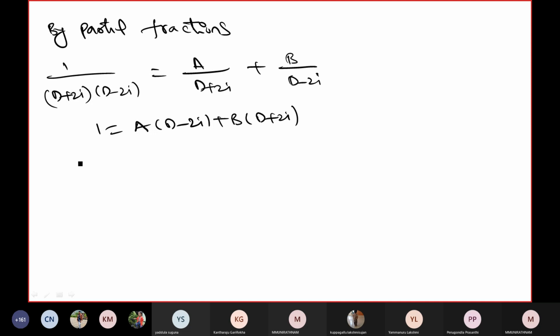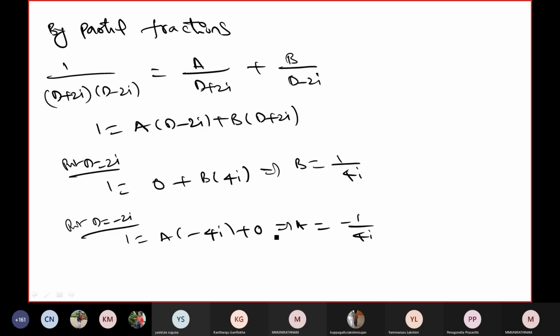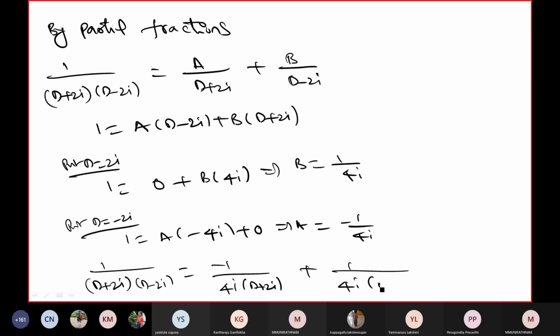By partial fractions, put d equal to 2i here. This will be 0, b into 4i, right? 2i plus 2i, 4i. So b equal to 1 by 4i. Put d equal to minus 2i. This is a into minus 4i. This will be 0. A is minus 1 by 4i. So therefore, this will be written as minus 1 by 4i into d plus 2i, plus 1 by 4i into d minus 2i.